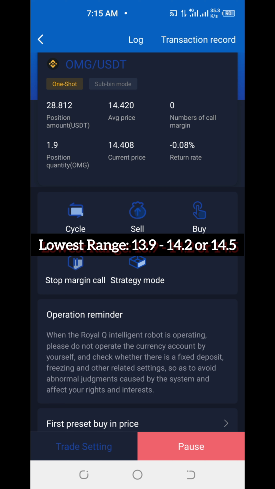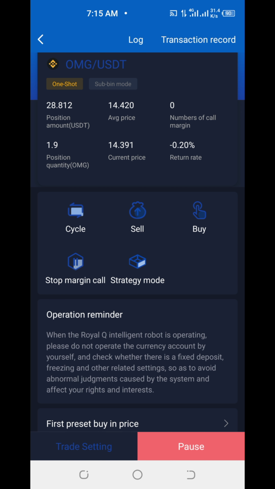I can't really say now because I've not checked the charts, but at this point, the safest point to trade OMG is between 13.9 and 14.5. So if you're looking at 13.9 and 14.5, there is a particular margin drop, a particular percentage.